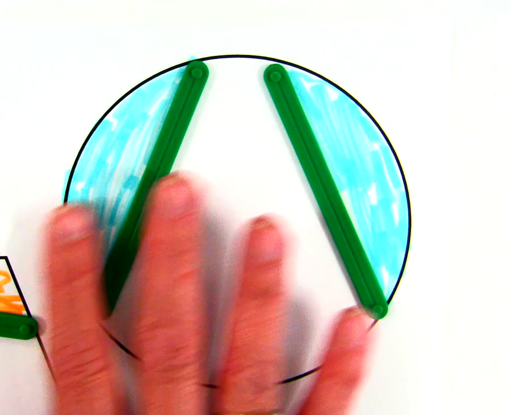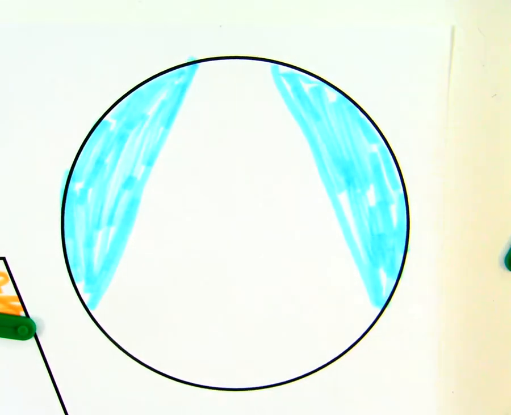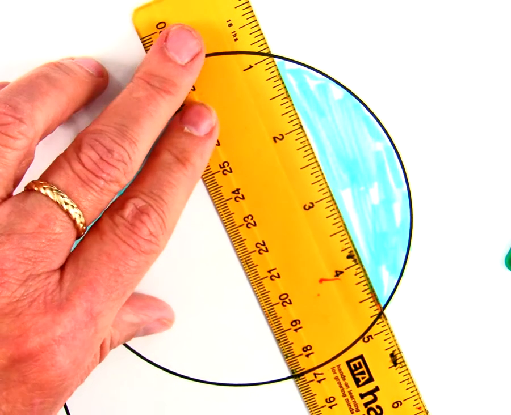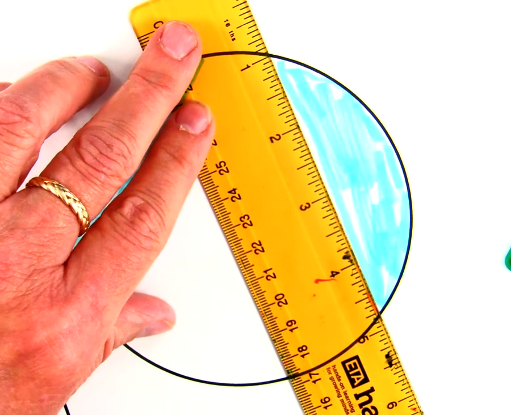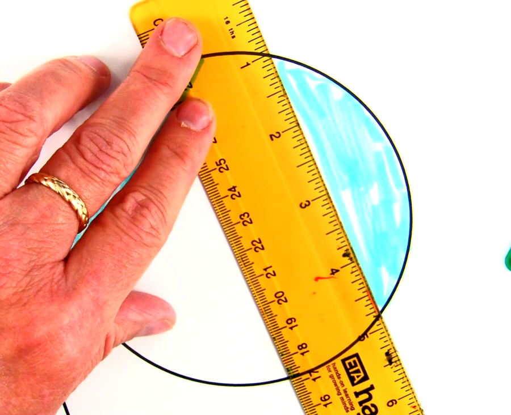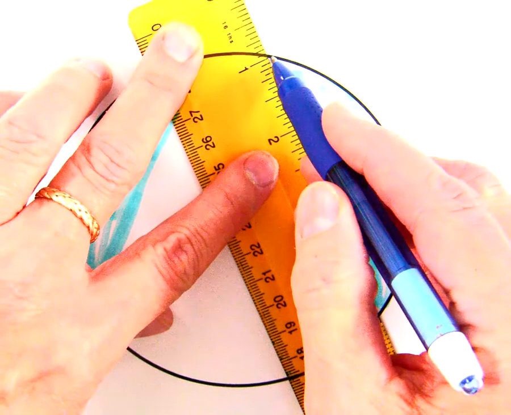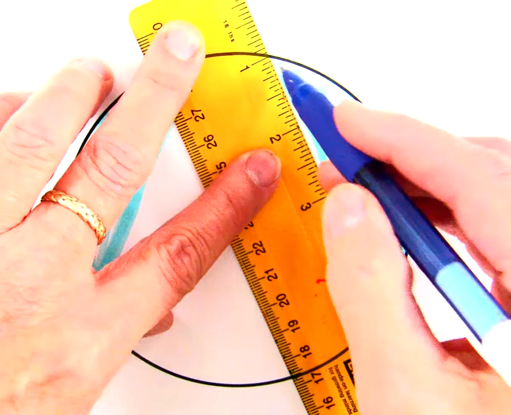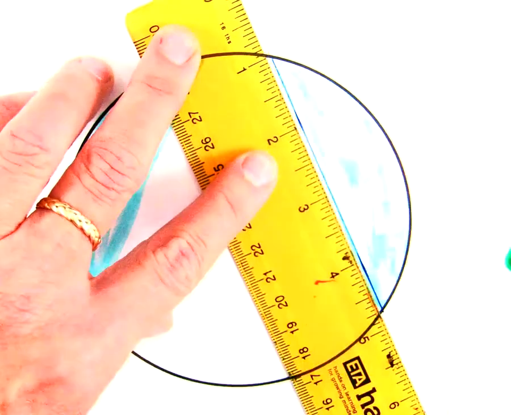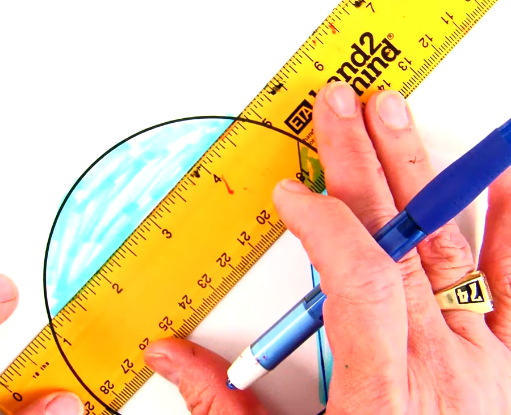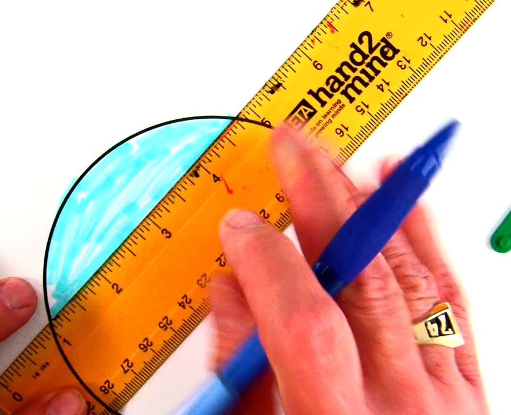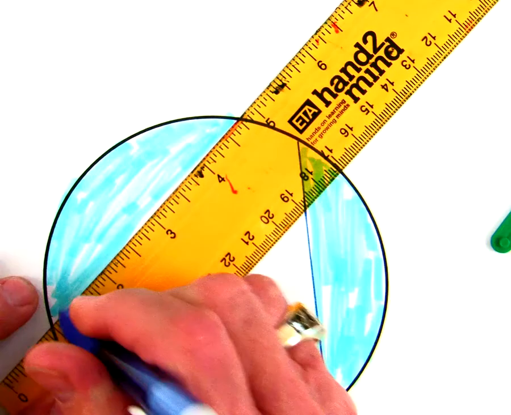If I take this circle and I make sure that my cuts are the same, I'll say that they're 3 3/4 inches, 3 3/4 inches, 3 3/4 inches.